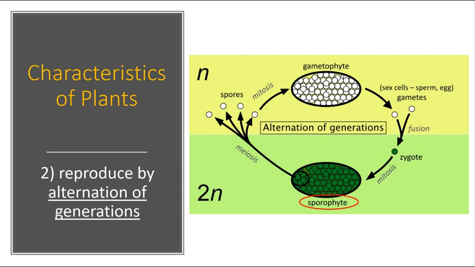Okay, the asexual form of the plant. The plant sometimes looks completely different in these different generations, by the way. You might not even recognize them. Now, the sporophyte, phyte, by the way, just means plant, phyte or phyto. The sporophyte reproduces by making spores. Nothing too strange there.